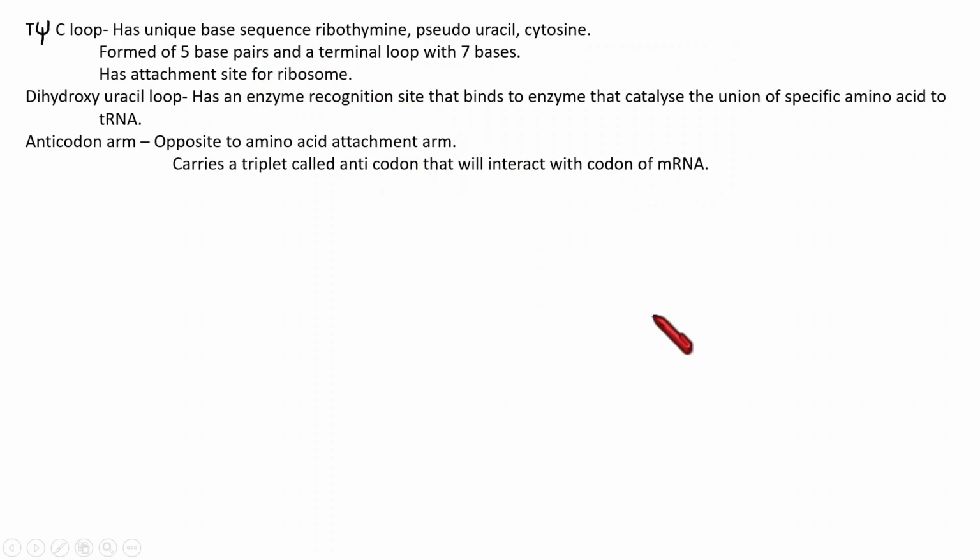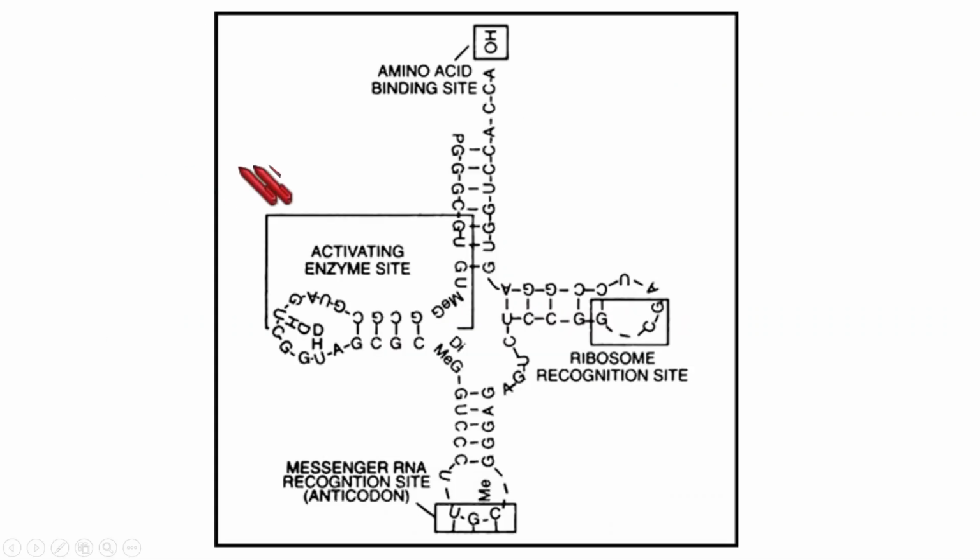Once more, I will show you the image of that cloverleaf model. We have learned that the amino acid acceptor arm attaches to the amino acid, specifically to the OH of the terminal adenosine of the CCA base sequence.